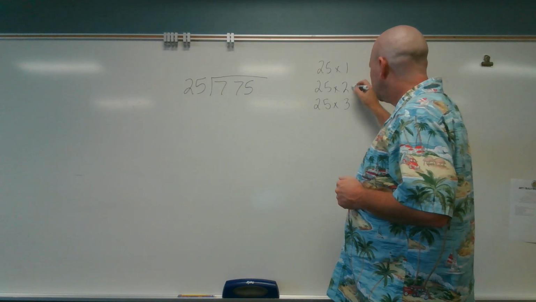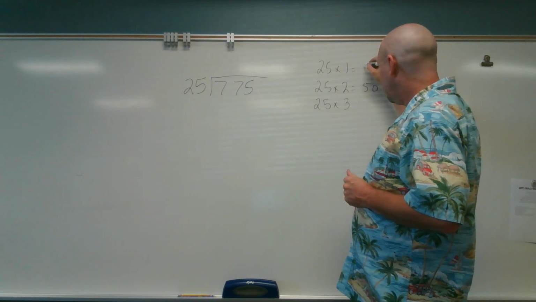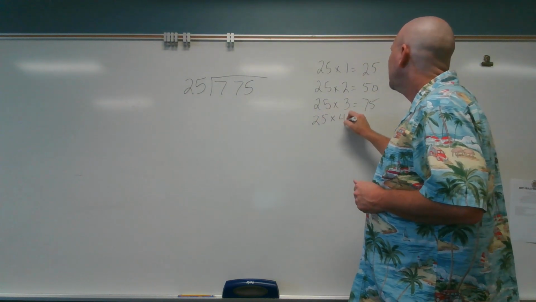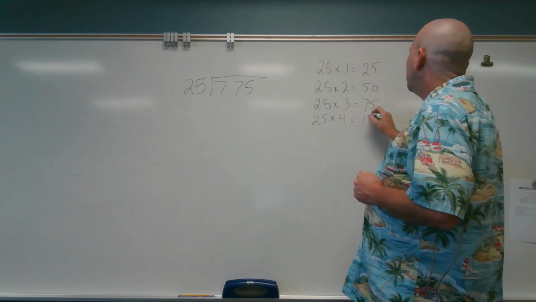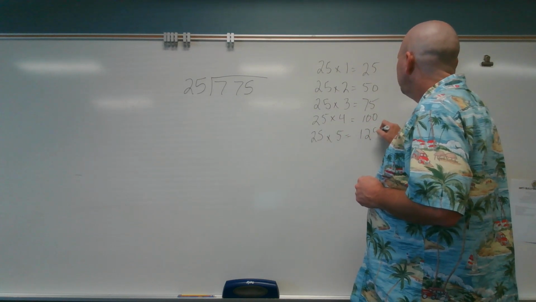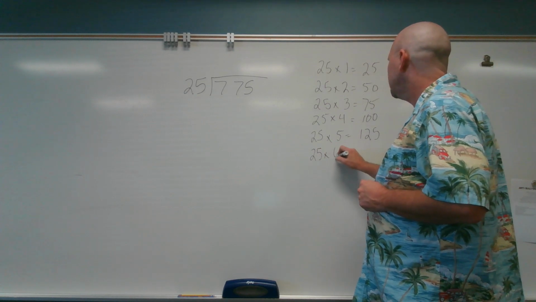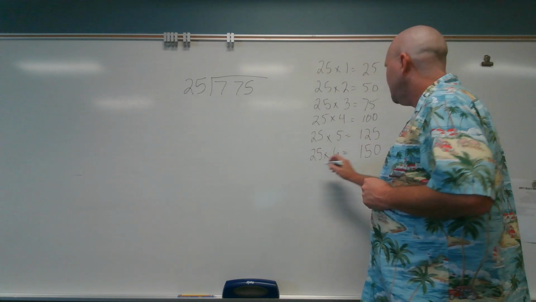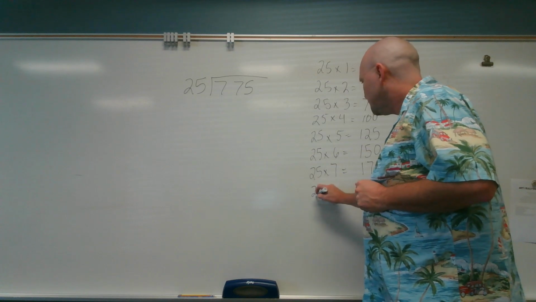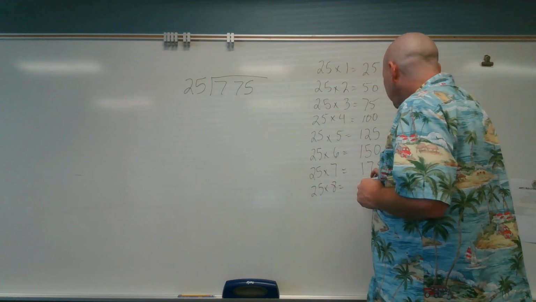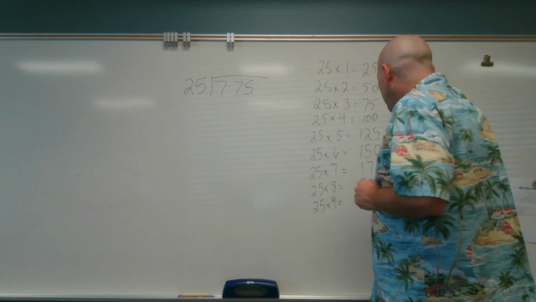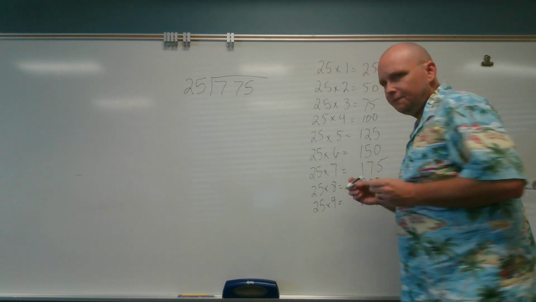You know, 2 quarters is 50 cents, so 50. 1 quarter is obviously 25 cents. 3 quarters, 75 cents. 25 times 4. 4 quarters is $1, which is 100 cents. 25 times 5 is $1.25. 25 times 6 is $1.50. 25 times 7 is $1.75. 25 times 8 is $2 or 200. And 25 times 9 equals 225.